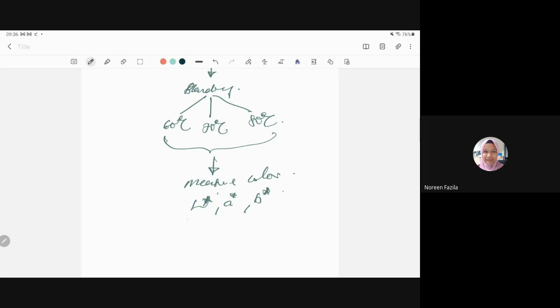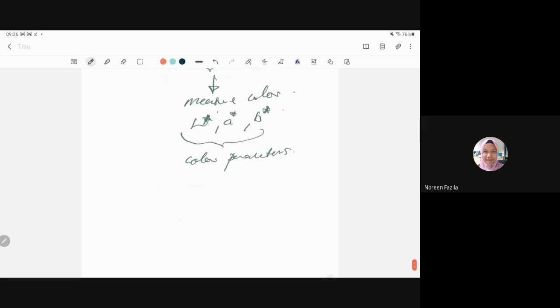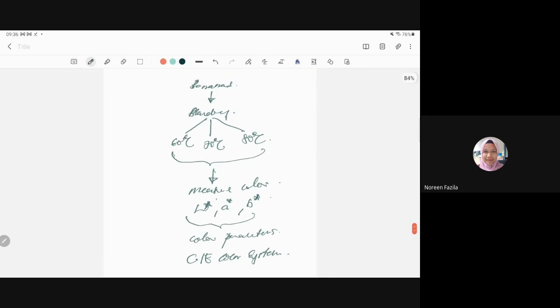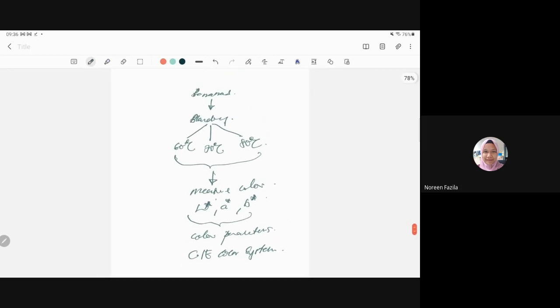All of this we call color parameters according to the CIE color system. Let's say that this is what we are going to do. So this is an example of an experimental study.